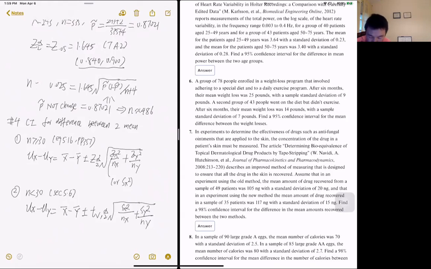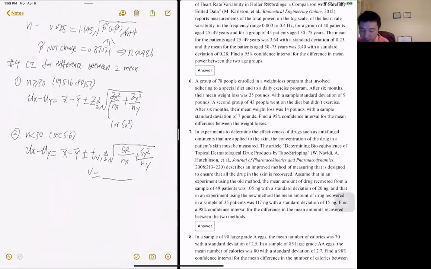For the degrees of freedom here, we have a long equation, which we're going to discuss in the next question. But for the confidence interval for the difference between two means, we have two equations depending on the sample size here. All right, so go back to this equation, which is question number 6.